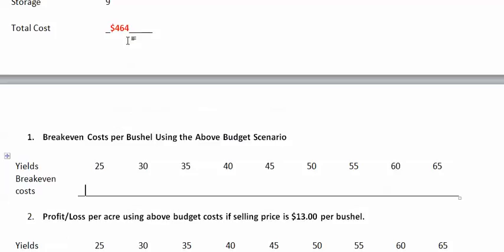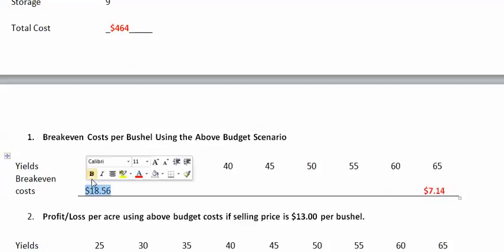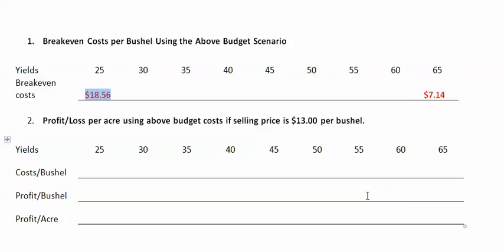Again, how do you do that? 464 divided by 25. That's a whopping $18.56 a bushel here. If we have a great yield of 65 bushels per acre with the same input costs, we have a modest $7.14 cost. So you can see tremendous variance in cost of production here as yield goes up.